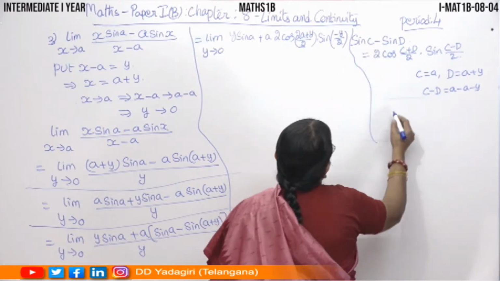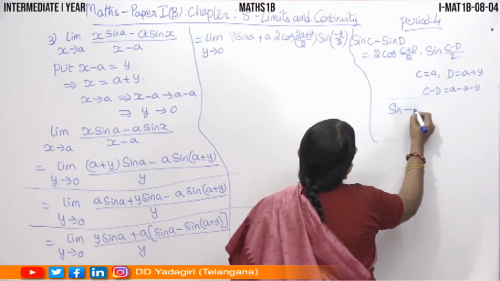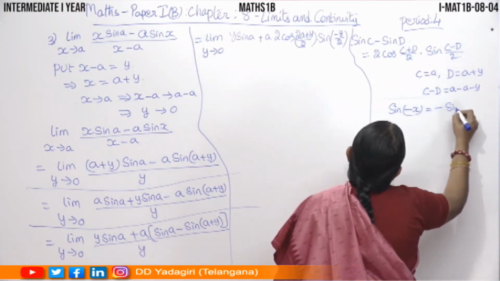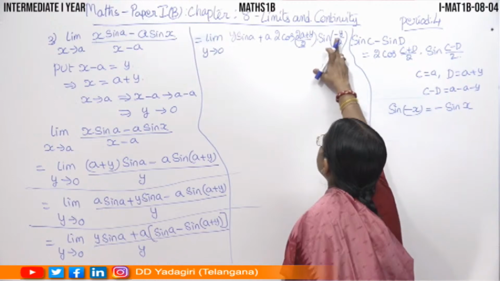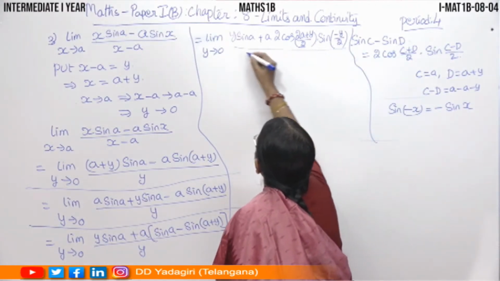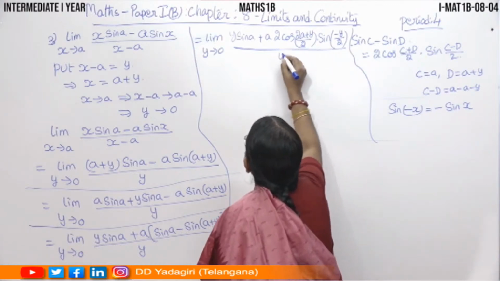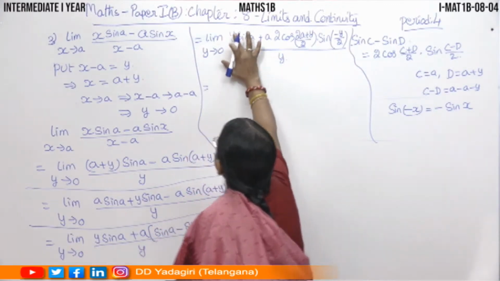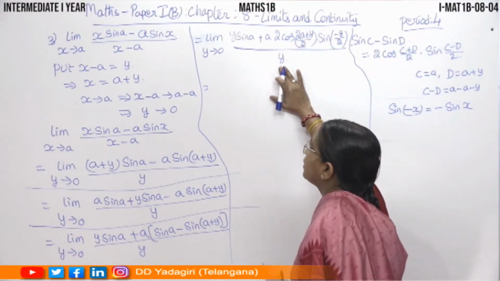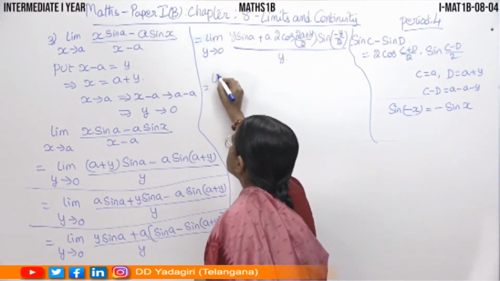Now you also know sine of minus x is minus sine x. So sine of minus y by 2 is minus sine y by 2. Whole thing by y. Now divide this separately by y and this separately by y, and write the limit also separately.